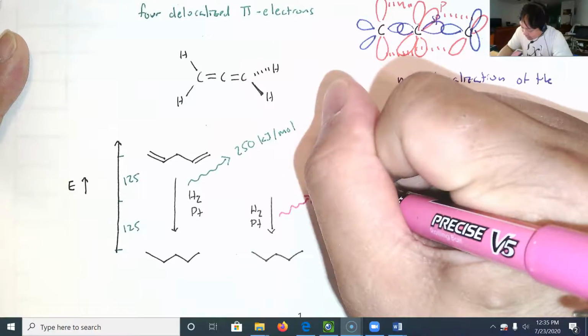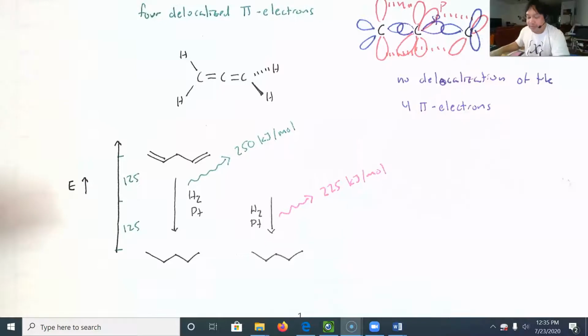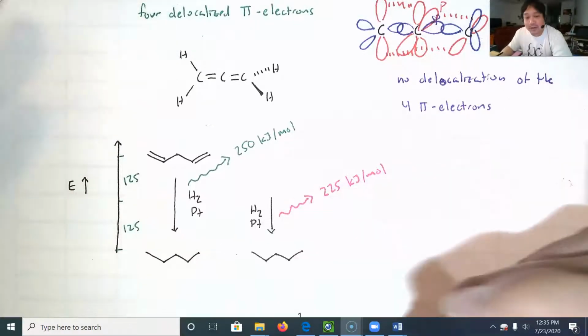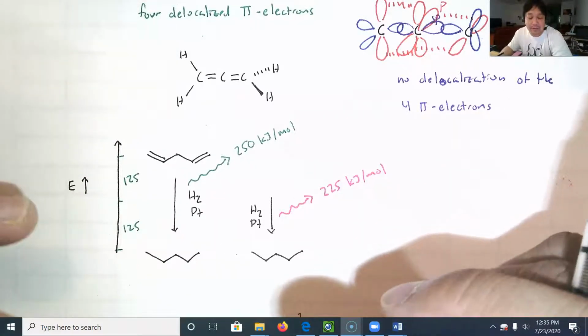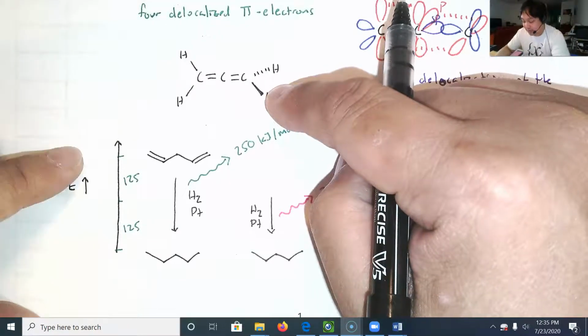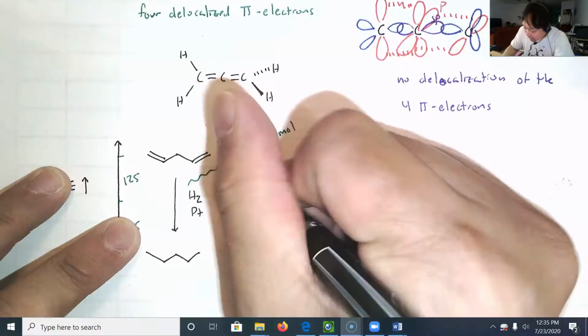Or we'll just round to 225. What does that mean? It ended up in the same place, but it released less energy. So do you think it's higher up the hill or lower on the hill? If it was higher up the hill, it would have released much more energy than 250. So it only released 225. It's actually lower on the hill.